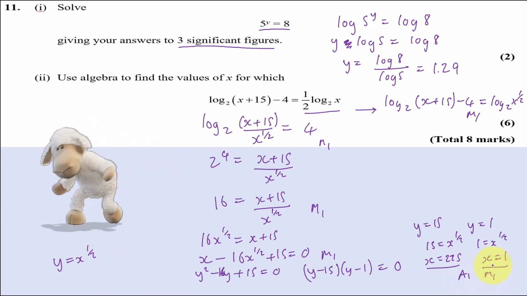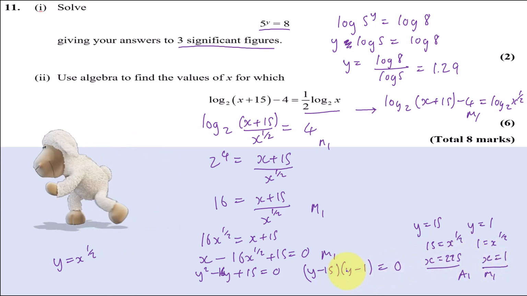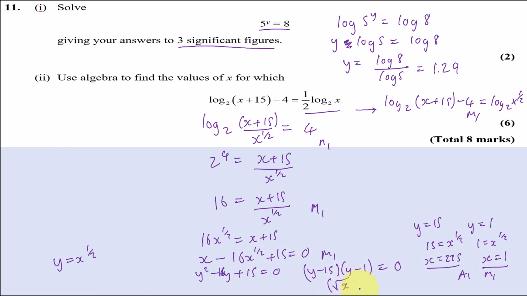So there's your 6 marks somewhere. And if you're good at factorising, you could of course just factorise like this: root x minus 1, root x minus 15 equals 0, and you get to the same solution. Right, that was quite easily done. Now hopefully you can ace these.